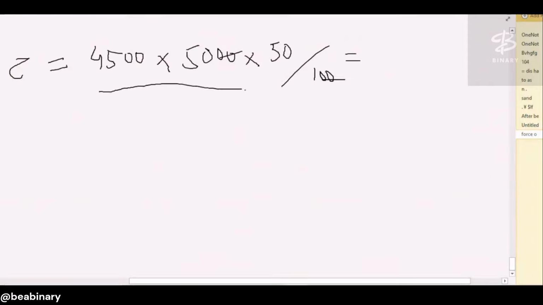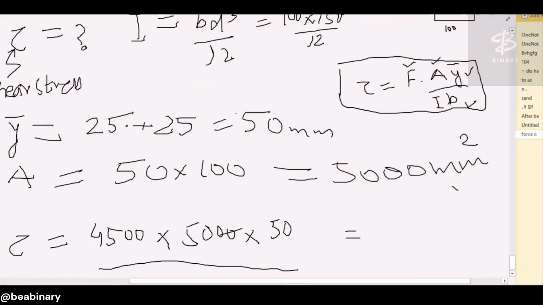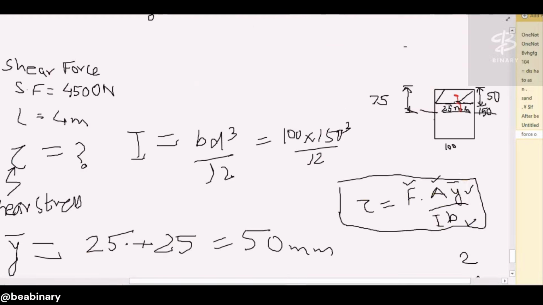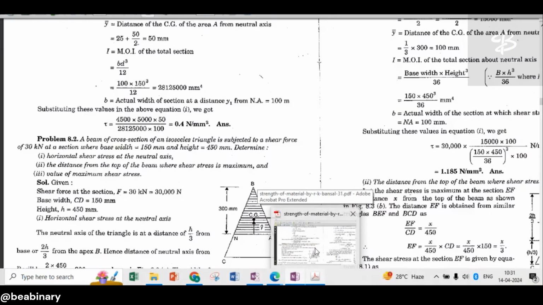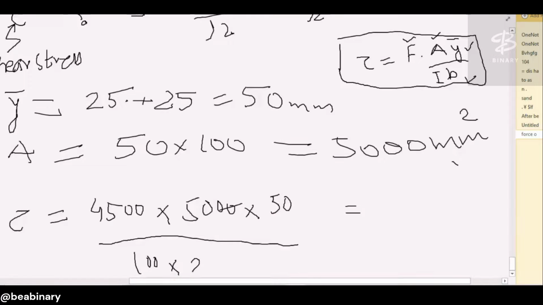यहाँ पर डिवाइड बाई 100 into I, ठीक है, I था 100, कितना है b d³ upon 12 में डायरेक्ट वैल्यू देख कर लिख देती हूँ, आप सॉल्व कर लीजिएगा. I is 28125000.